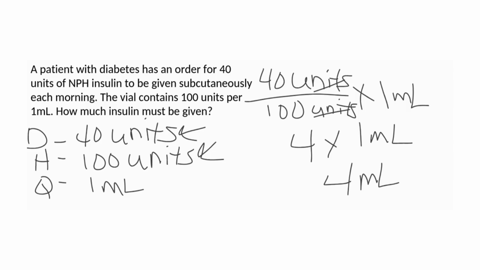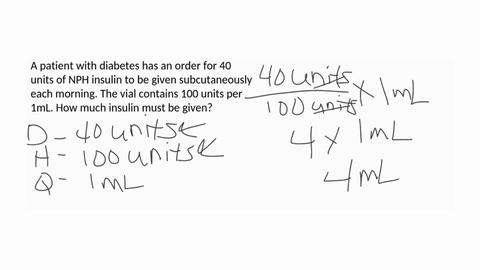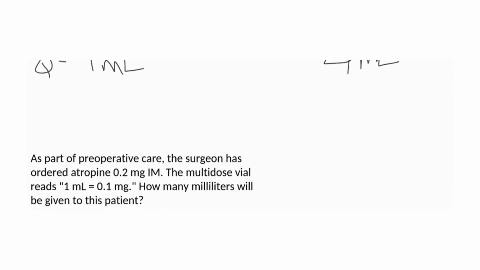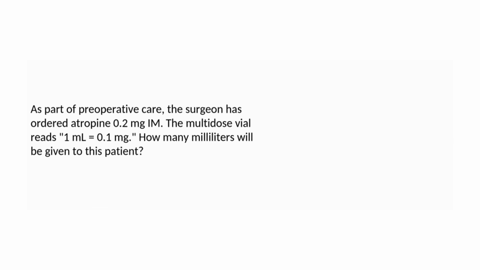If we came up with something like 400 milliliters, you know you're not going to give 400 milliliters of insulin. It just doesn't sound right. So go back and double check your work. If it looks like that's not a reasonable amount that I would give, give it a second look just to make sure that you haven't made a small error in your calculations.